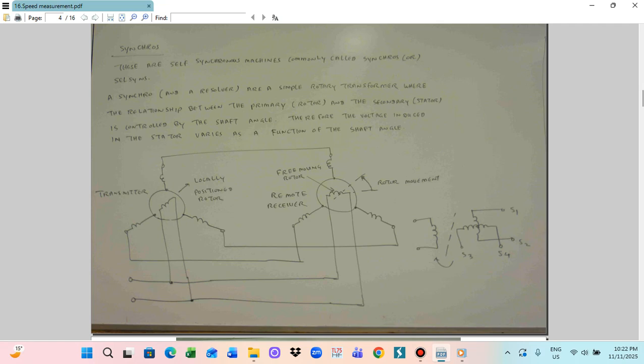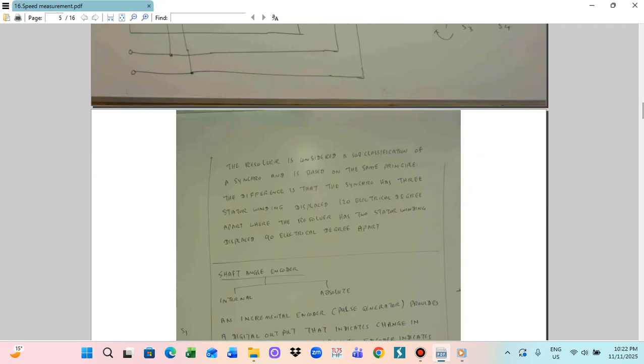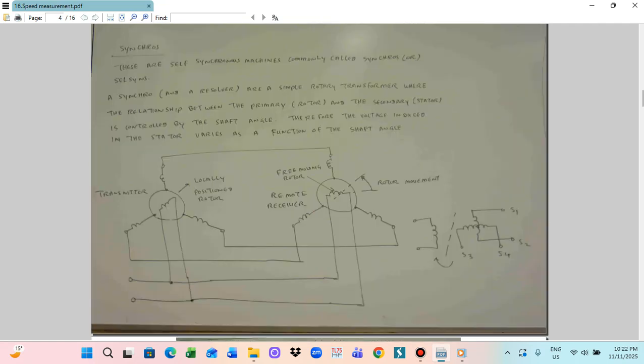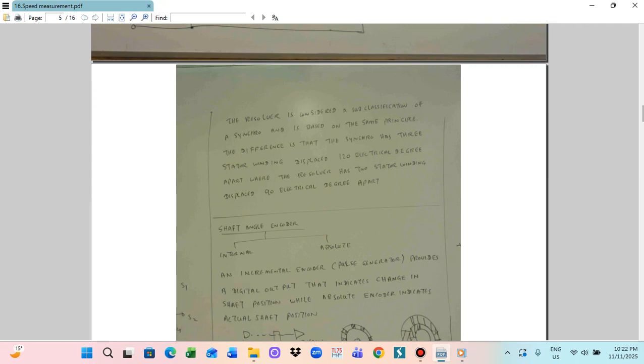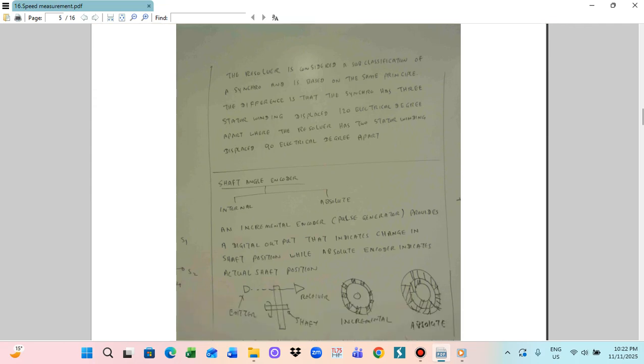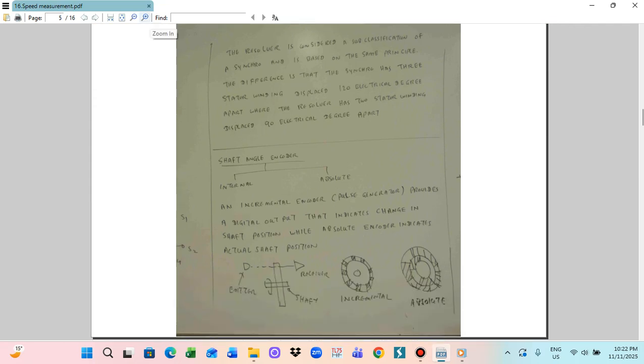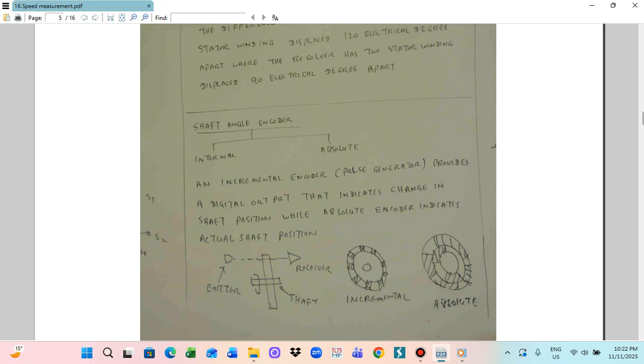Encoder. Shaft angle encoder means that depending on the shaft position, we can encode the shaft. In this case, we can use a shaft angle encoder. This includes a pulse generator, so it provides a digital output. This digital output indicates a change in the shaft position. So now I give you the shaft angle encoder first, the absolute one.